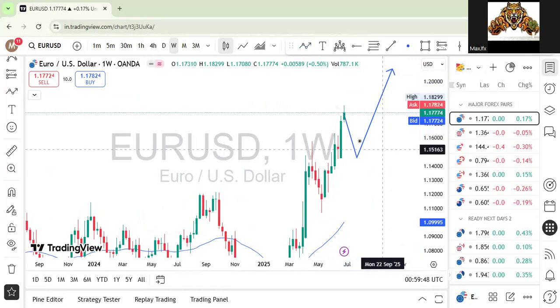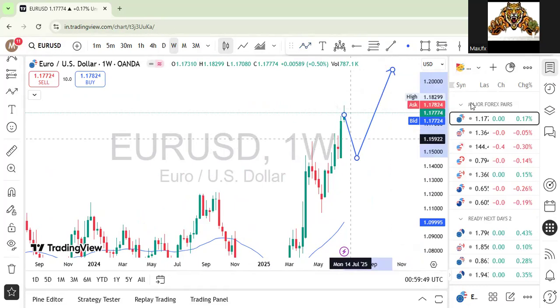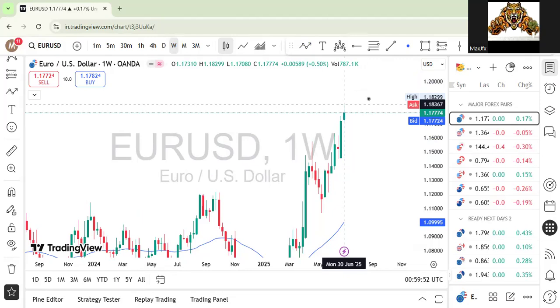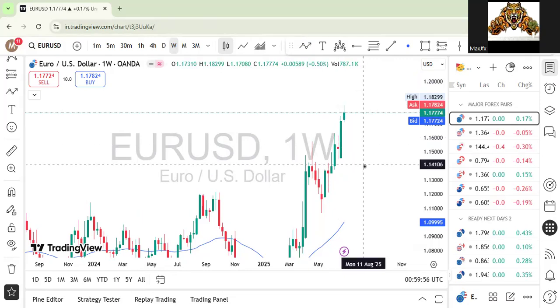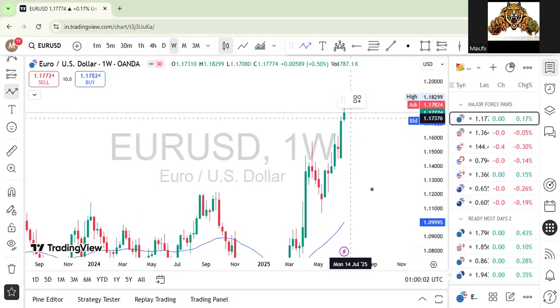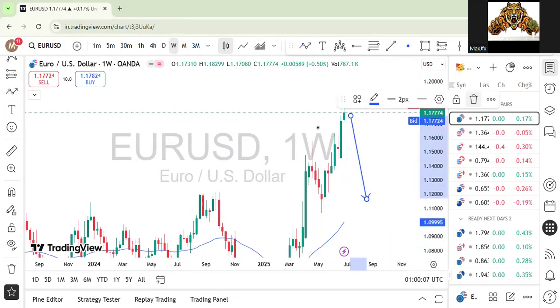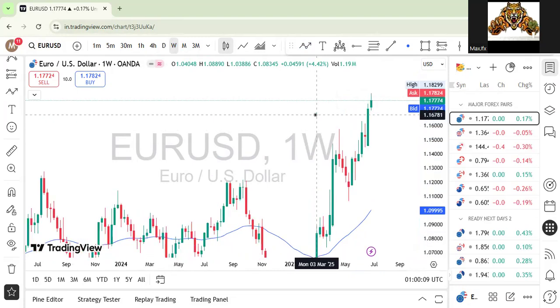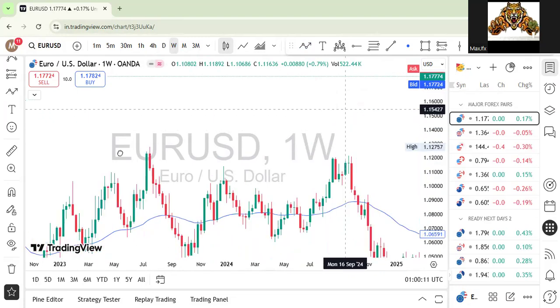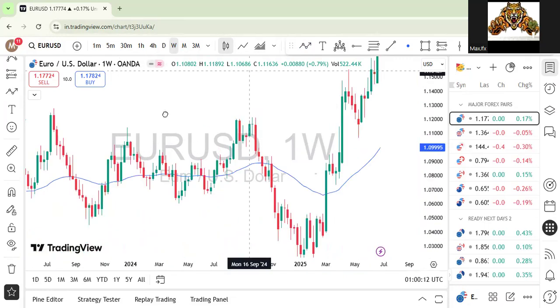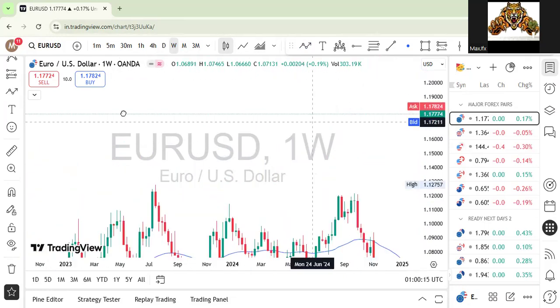Because it has already made a higher high, the rule says you sell at high, because now the price is very expensive. So now you are going to look for opportunities to sell here. We are not looking for buys, we are looking for sells.